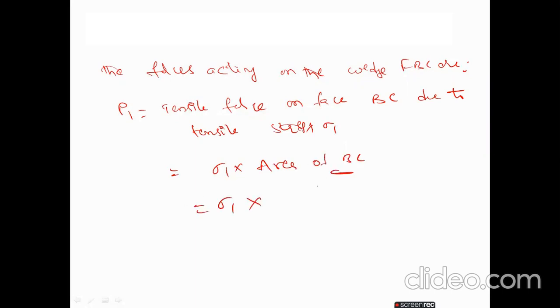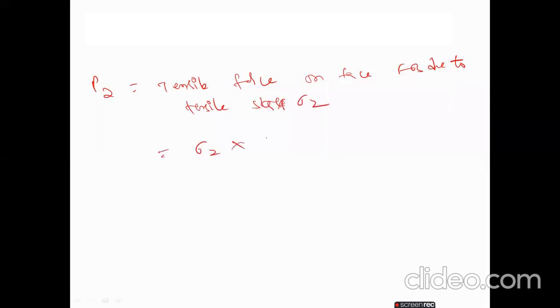Area of BC is BC into unit thickness, so you will get sigma 1 into BC. Same like that, P2 is the tensile force on face FB due to tensile stress sigma 2. That is sigma 2 into area of FB, sigma 2 into FB into 1, so you will get sigma 2 into FB.